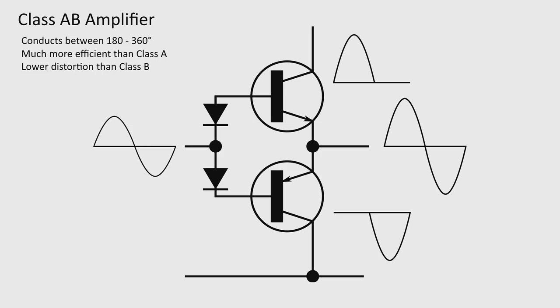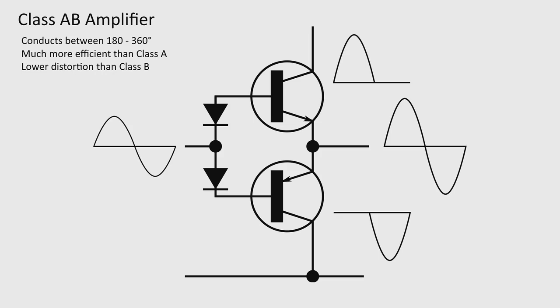So it's more efficient than a Class A because neither transistor is turned on all the way all the time. And it's lower distortion than a Class B because you don't have the crossover distortion. Where in a Class B, you're switching one on, switching the other off, constantly doing it like you were saying a moment ago, to get both halves of the signal.